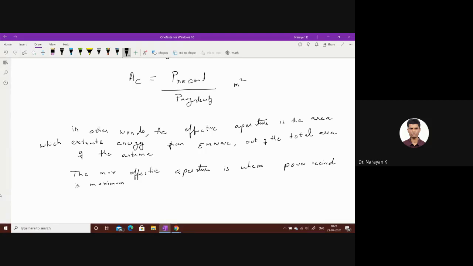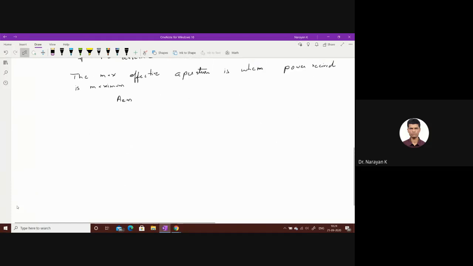Your maximum effective aperture is given as AEM. This is your maximum effective aperture.